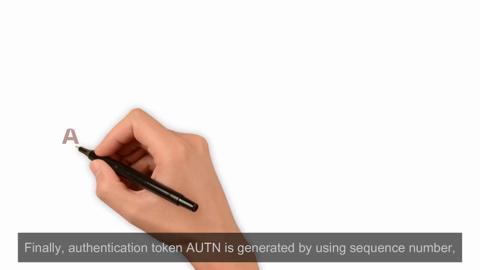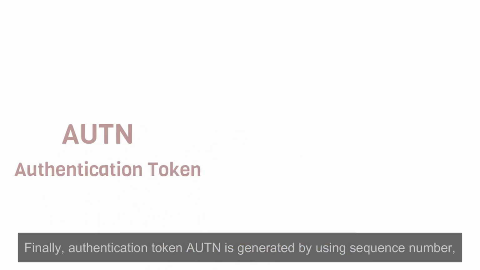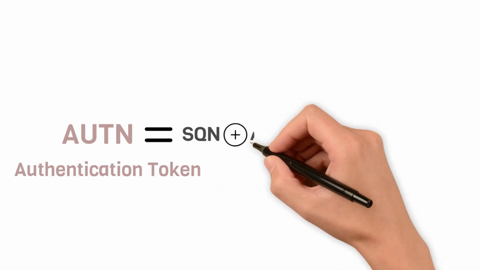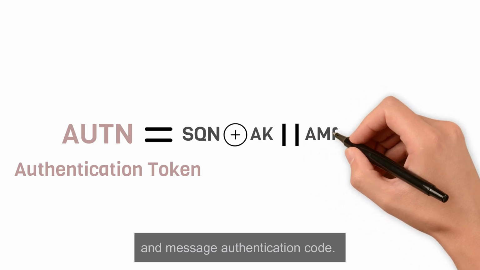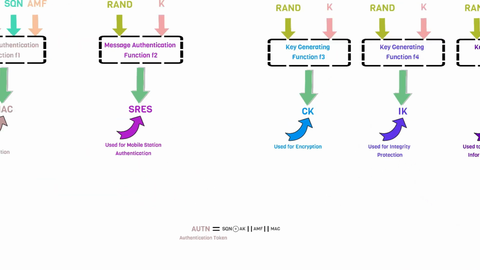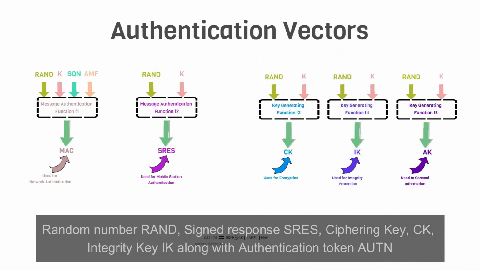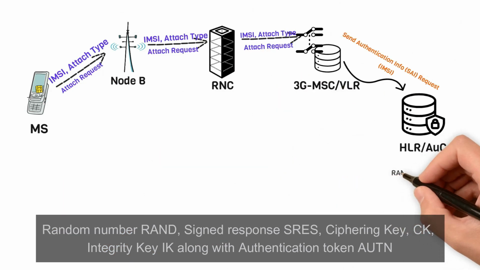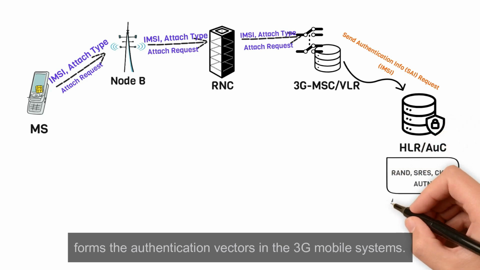Finally, the authentication token AUTN is generated by using the sequence number, anonymity key, authentication management field, and message authentication code. The random number RAND, signed response SRES, ciphering key CK, integrity key IK, along with the authentication token AUTN form the authentication vectors in 3G mobile systems.